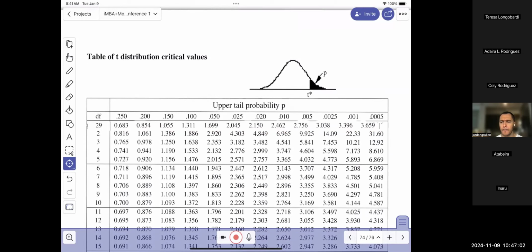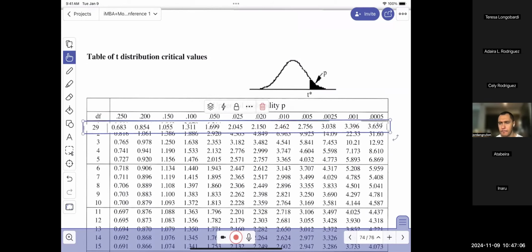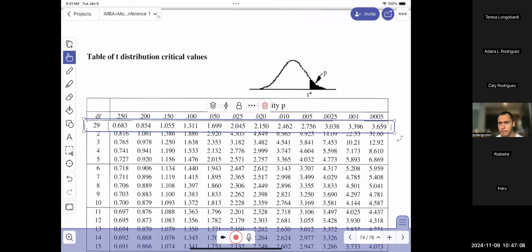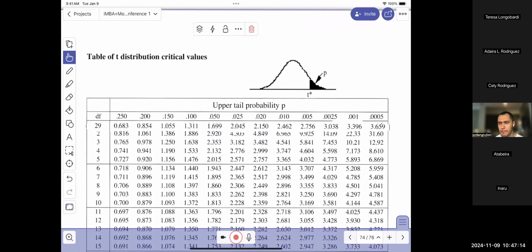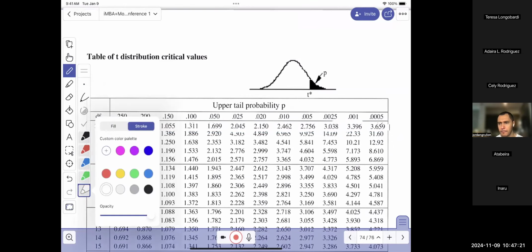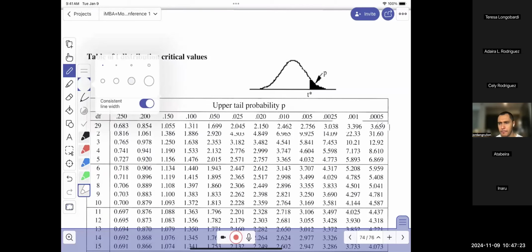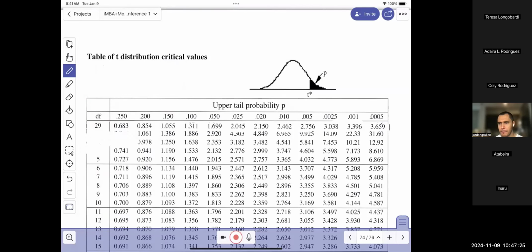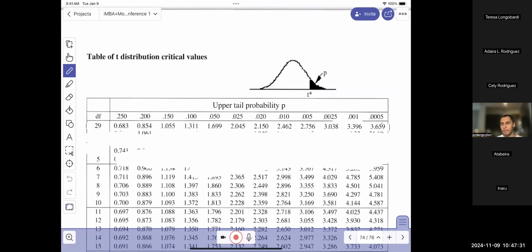How is it possible that this is off? There. So I drag the 29th row up here. Just do not see it.